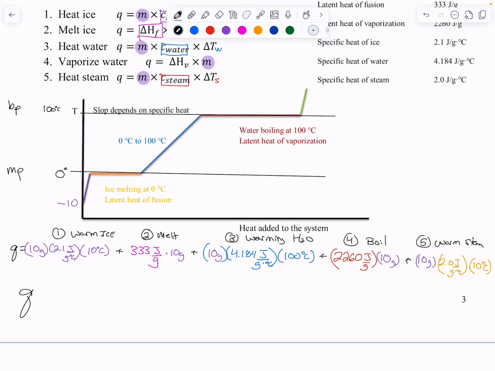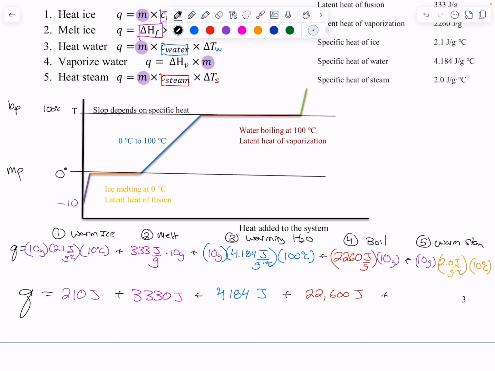And it's an overall Q. All the energy is additive, just like if you shop and go to 4 stores, all the money you spend is additive. So it looks like it's 210 joules to warm the ice. It is 3,330 joules to melt the ice. It is 4,184 joules to warm the water. It is 22,600 joules to boil.